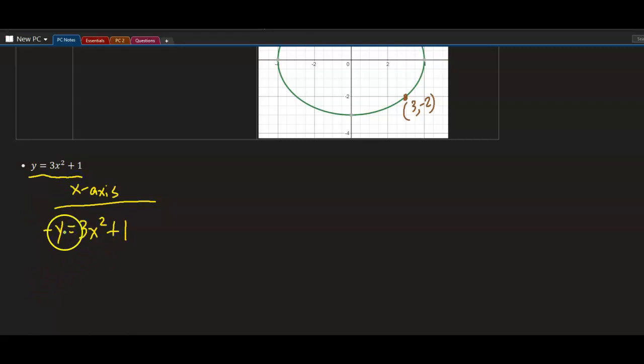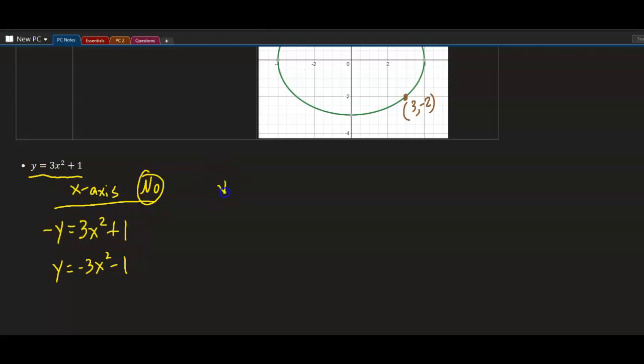There really isn't anything to simplify. The only thing I could do would be to divide the -1 over. But no matter how I manipulate this, these two things are not going to be equal to each other. So there is no x-axis symmetry.